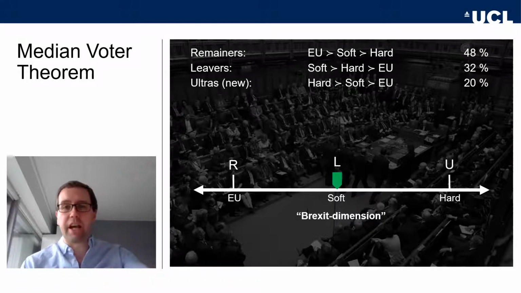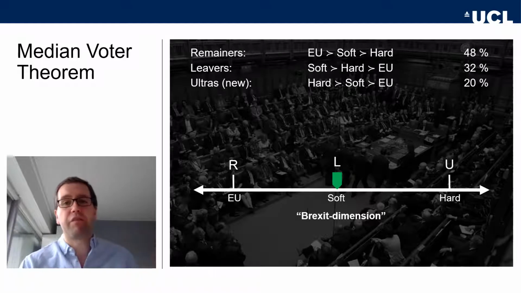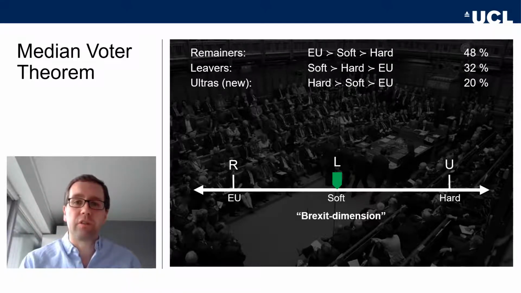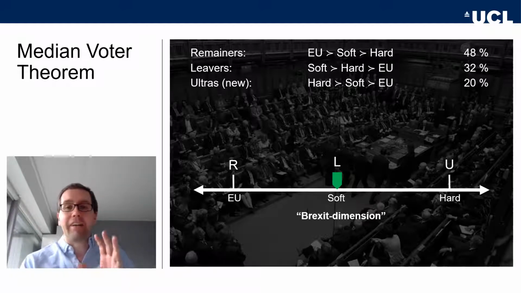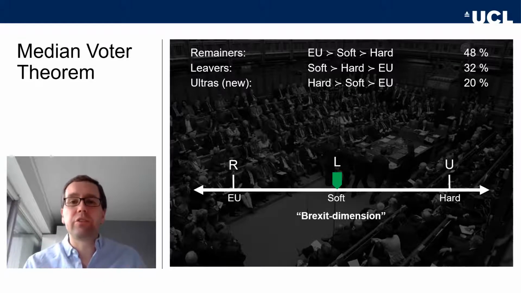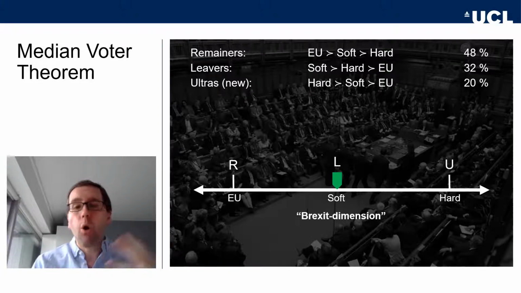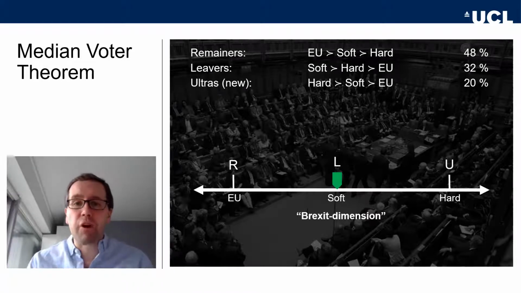So there's exactly the same number of MPs to the left as to the right of them on this dimension, and as a consequence, they are the median voter. And as we have just seen, in a committee type situation like this, through this sort of iterative bargaining process, or if people are strategic by just anticipating this outcome, the median voter gets exactly what they want.